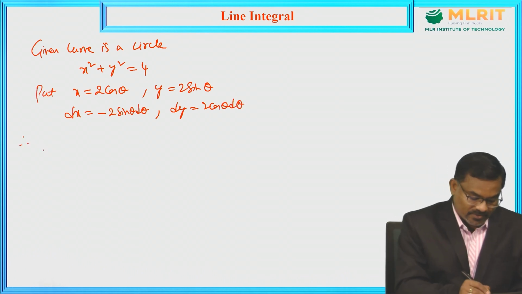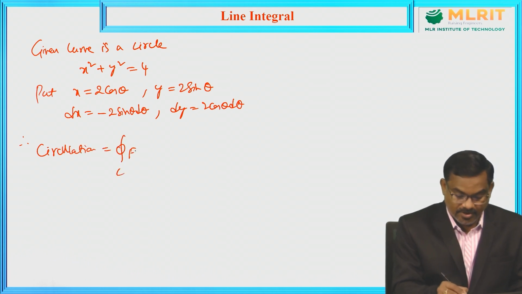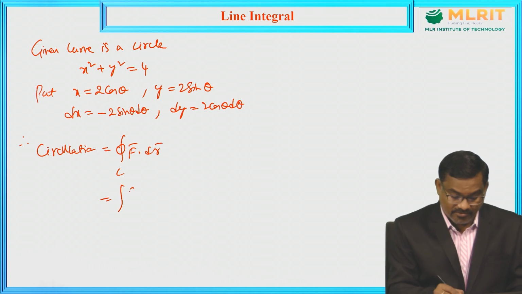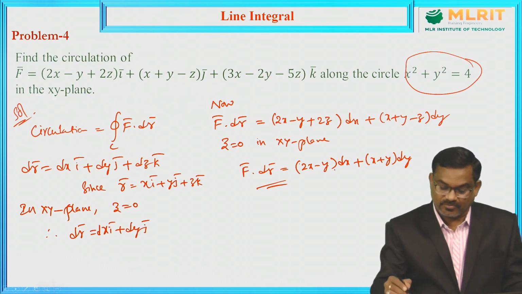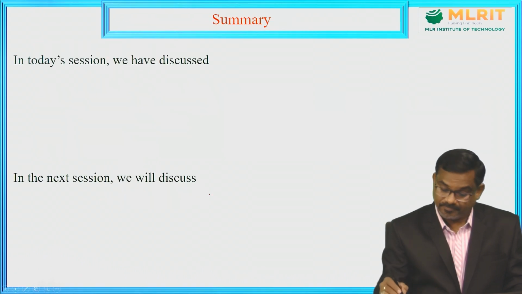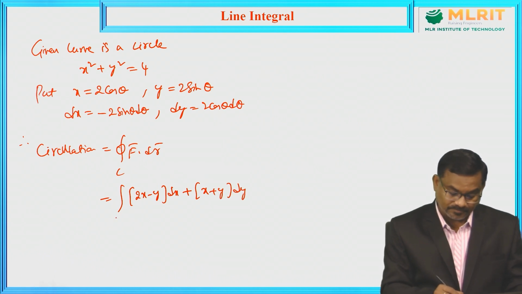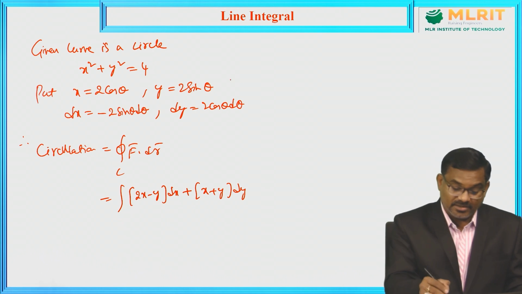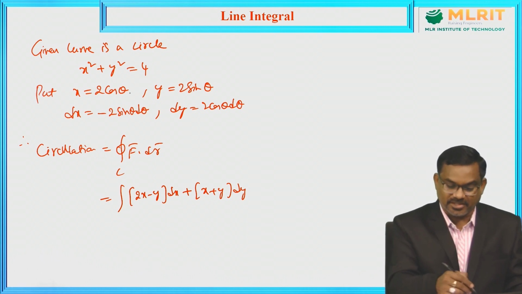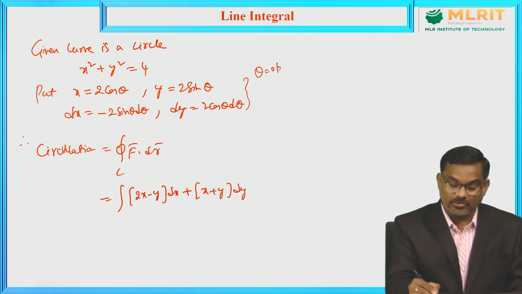And therefore the line integral or circulation is the integral of f bar dot dr bar, which is 2x minus y dx plus x plus y dy. Since we are using this substitution and it's a circle, we know that theta changes from 0 to 2 pi.